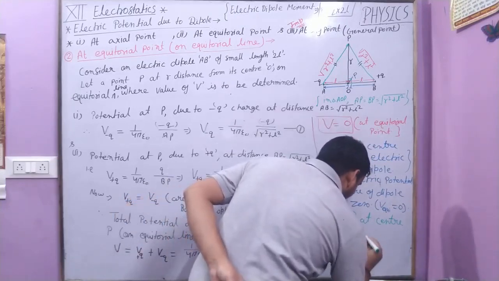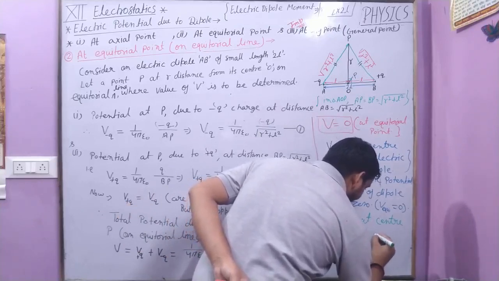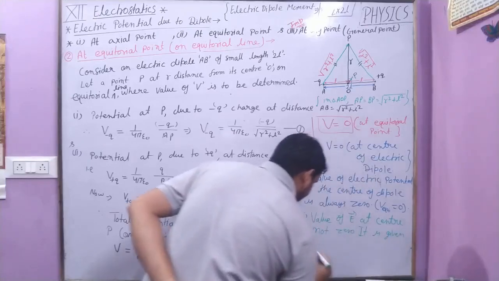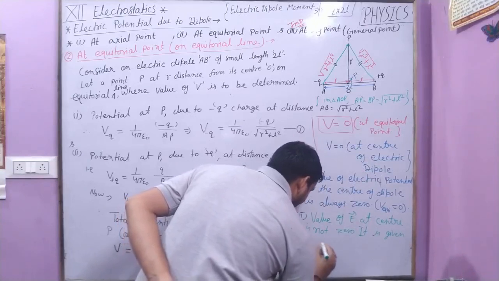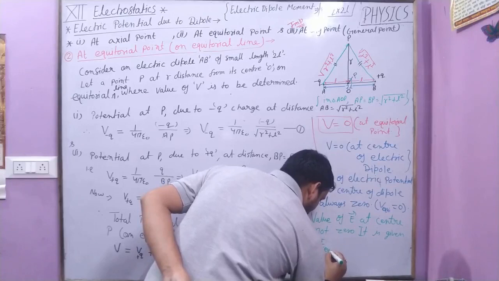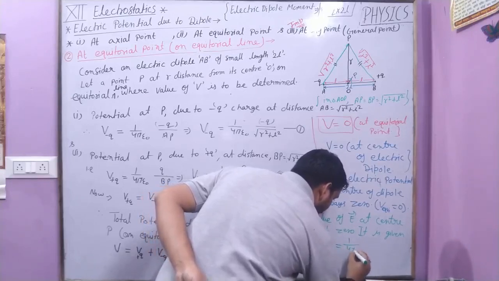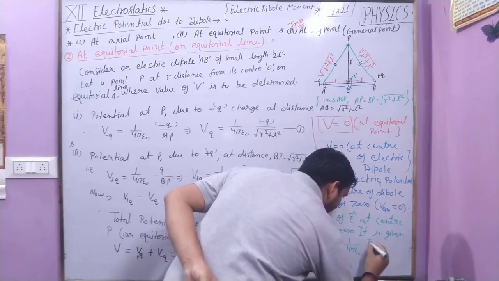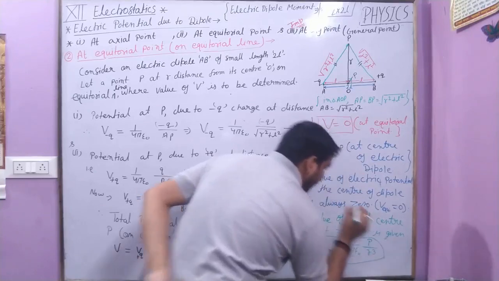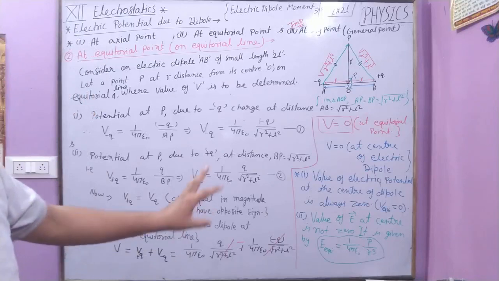It is given by the electric field due to a dipole at an equatorial point, that is 1 upon 4 pi epsilon naught P upon R cube. Okay, these are the 2 points which are most important.